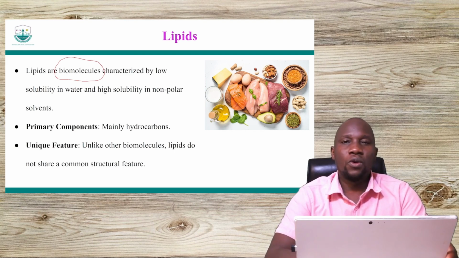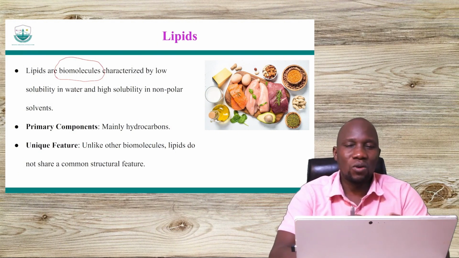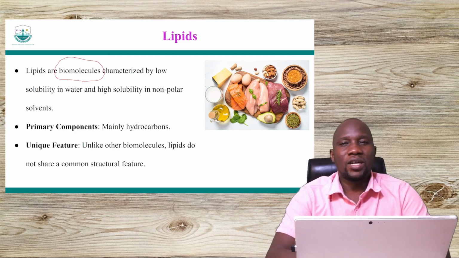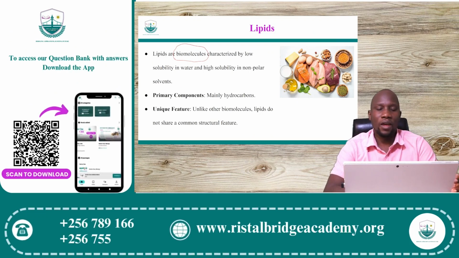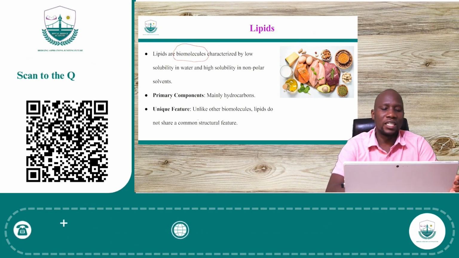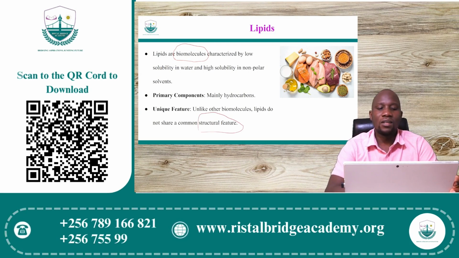With all the other biomolecules that we have talked about, they have what we call functional groups. These are chemical groups that influence the chemical properties of those molecules. But with the lipids, they don't have a common functional group, and they don't generally have the same structural formula.